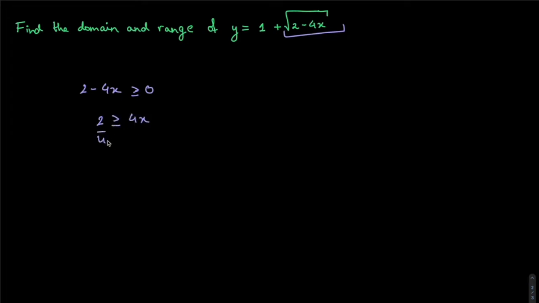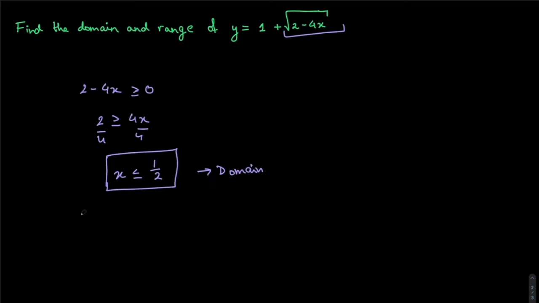I divide by 4 on both sides, so I get x is less than or equal to 1/2. That is my domain. All values less than or equal to half will satisfy this function. That's all I have to worry about in this function. So let me rewrite this here.